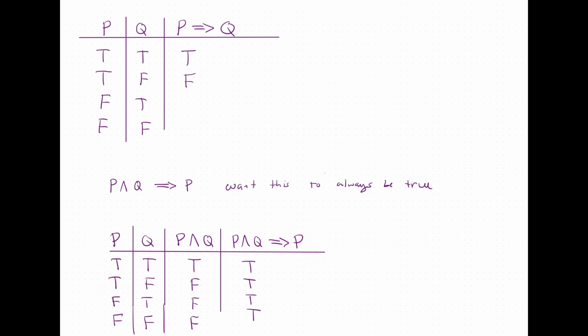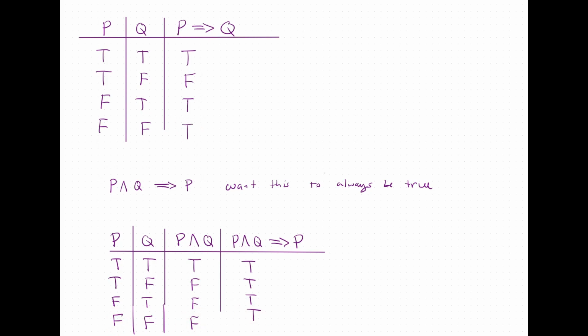And so we get back the value true in this case. And so that's going to force this here to be true. And similarly, in the case when P and Q is false and P is false, we are also forced to have that this is true. And so we have our truth table.